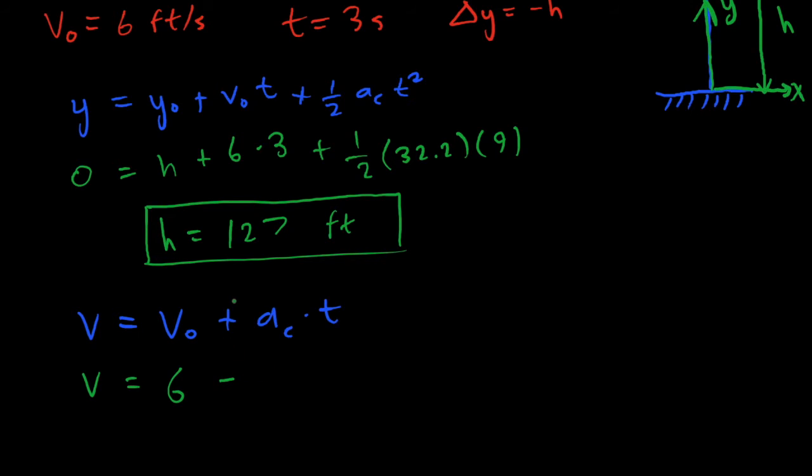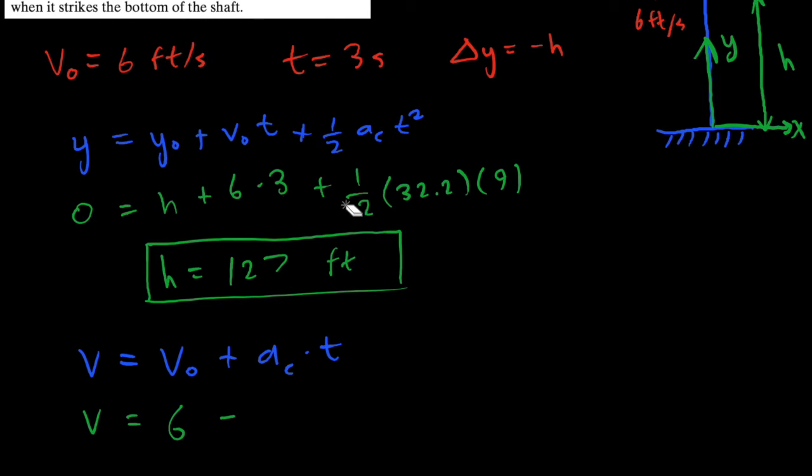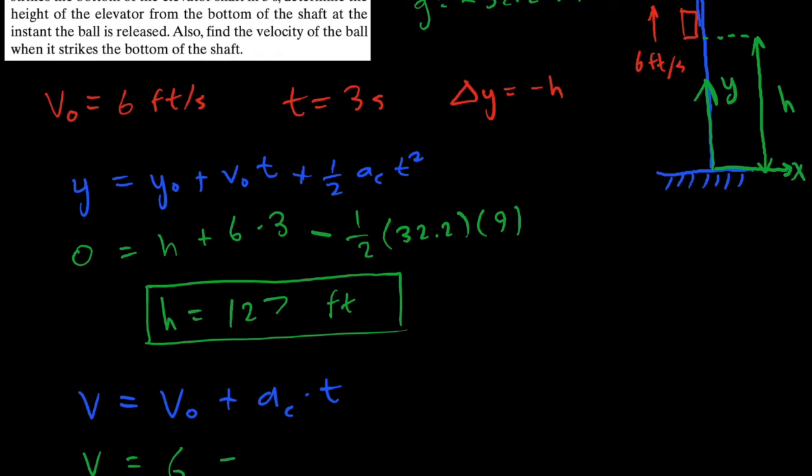One correction to what I just wrote: the value of g here has a negative sign. Maybe I should have solved the algebra, but the 32.2 has a negative sign in front of it because the acceleration is a vector and it acts downward in the negative direction. We defined our axes here as positive y pointing upwards.